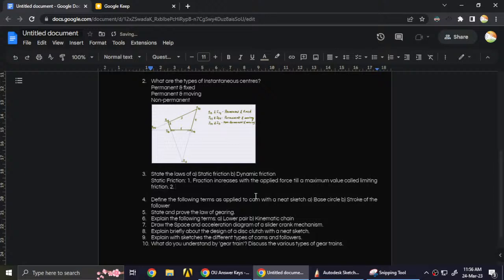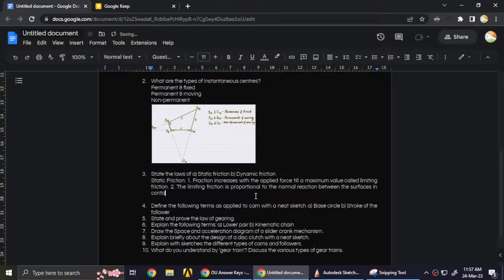And second point, you can say that the limiting friction is proportional to the normal reaction between the surfaces in contact.